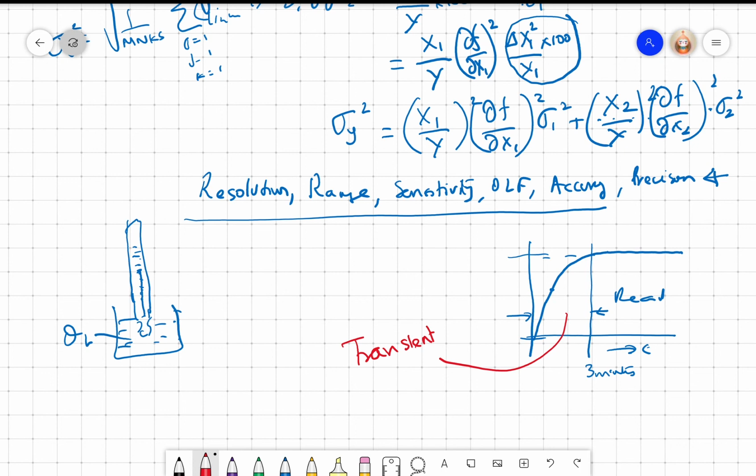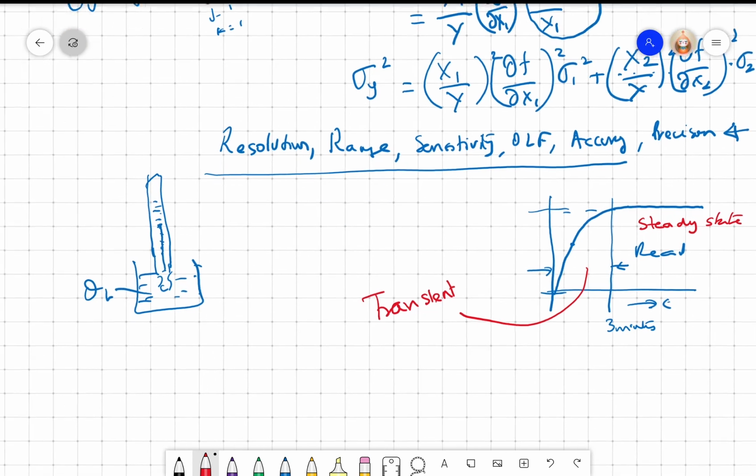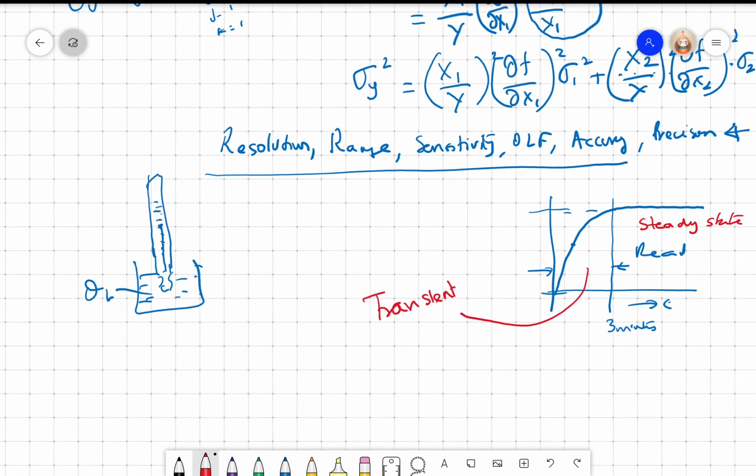This is called the steady state condition. Transient period and a steady state period. In the steady state period, of course, the measurement is steady and you can make measurements. So this is very important: when you use a transducer, you have to wait for certain times to take a reading.